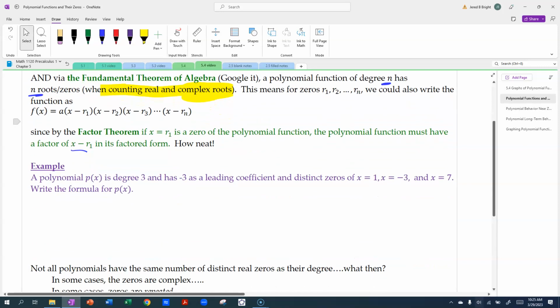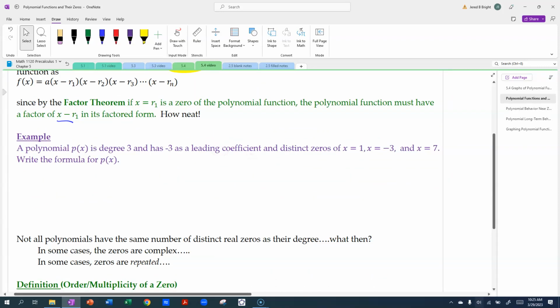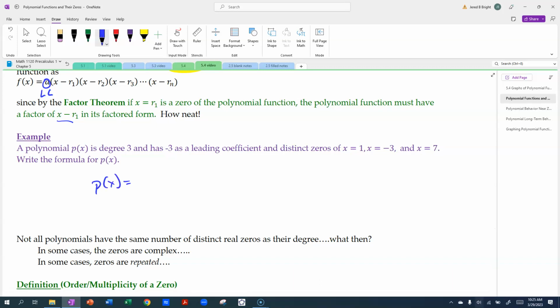And so if we have a polynomial that's degree 3 and it has -3 as the leading coefficient, again, a is still the leading coefficient in this case. If we want to write out what p of x is, this would look like a times x minus r1, x minus r2, and then x minus r3, where r1, r2, and r3 are the zeros.